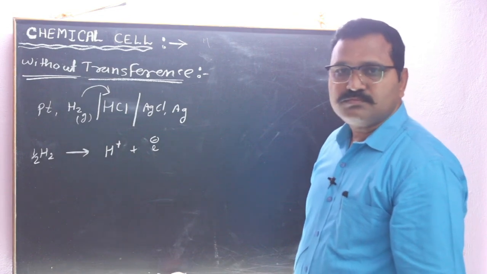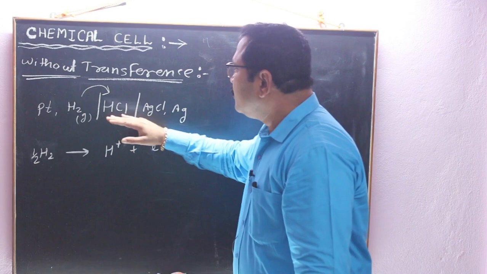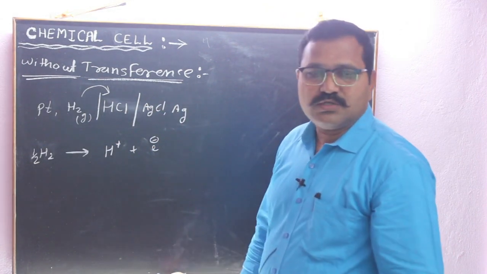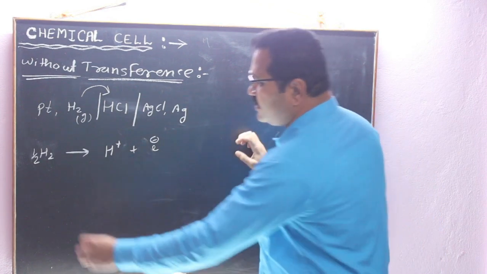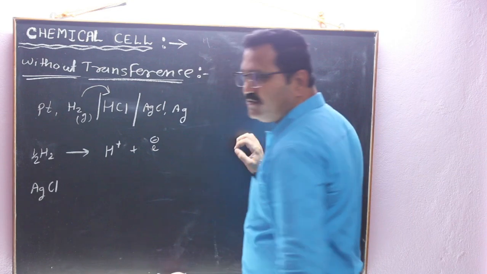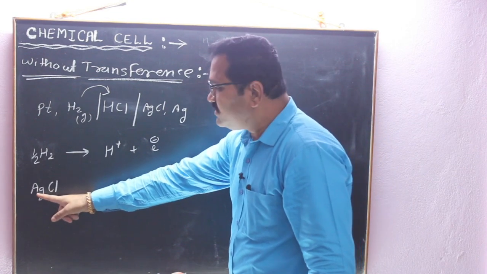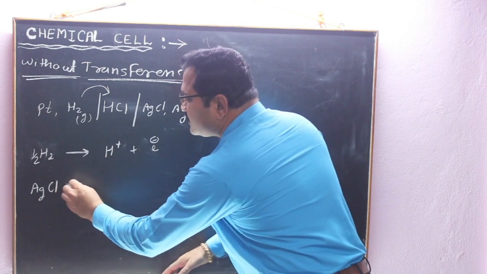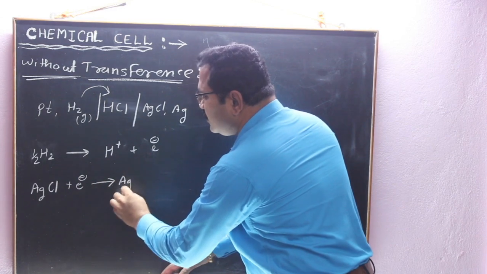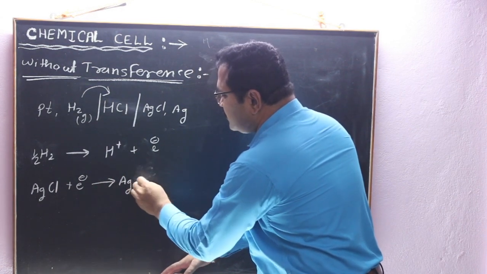Okay, this is the oxidation of hydrogen. Now here what happens? In case of the AgCl electrode, there is a reduction of Ag plus ions from AgCl. Ag plus ions are there in AgCl. These Ag plus ions take an electron and form Ag, while Cl minus ions remain as they are.